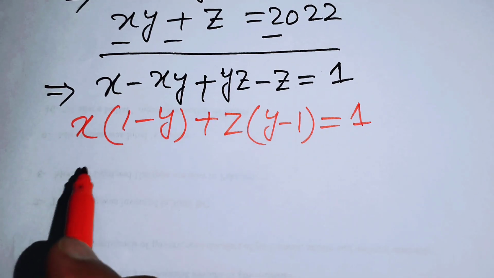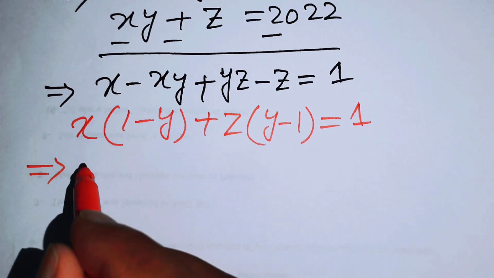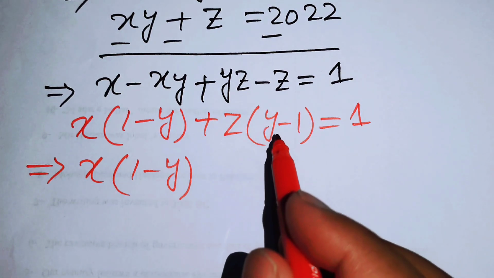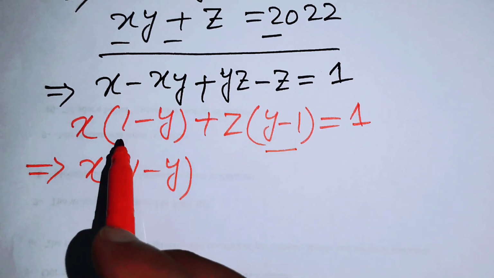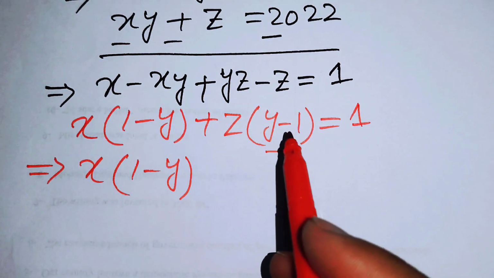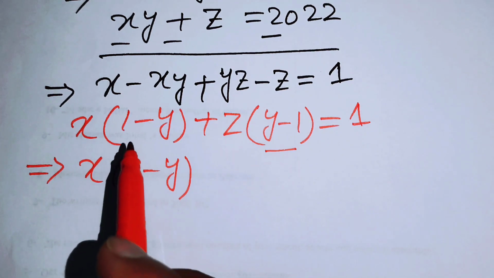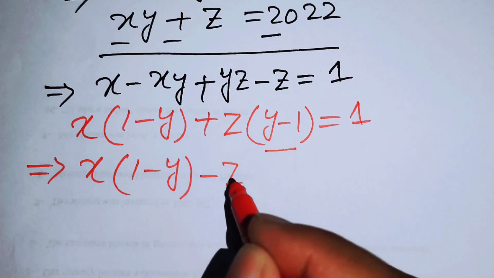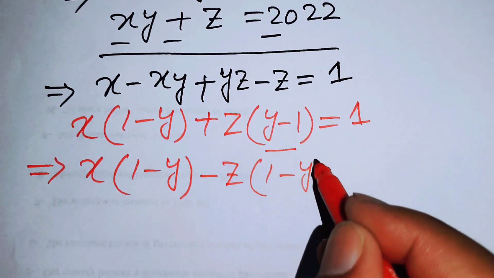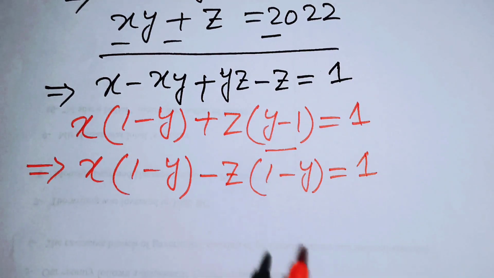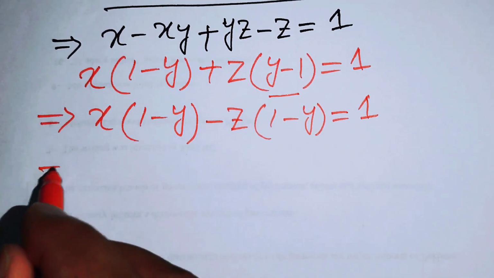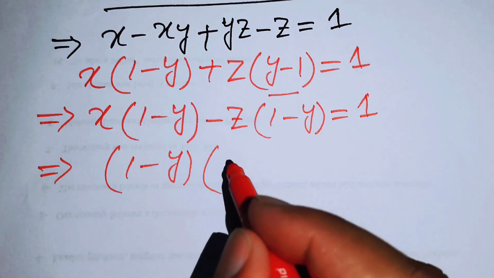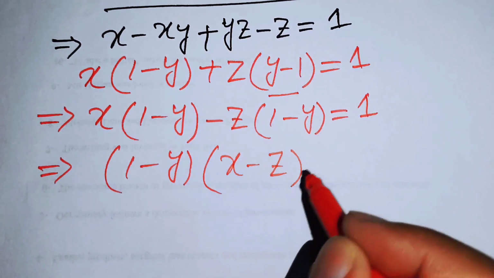So I can rearrange this term and write x times (1 minus y), and here we take common minus from this factor because here you have y minus 1, and in order to make the same factor you take common minus here. So you get minus z times (1 minus y) is equal to 1, so you take common 1 minus y from both of the factors, and you get (1 minus y) times (x minus z) is equal to 1.